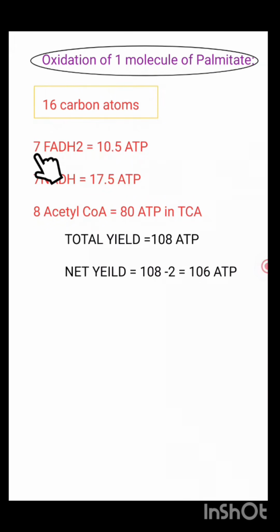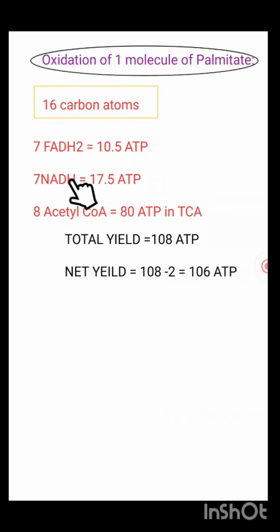You are going to need to do this 7 times, or you need 7 rounds of beta oxidation to completely oxidize a 16-carbon saturated fatty acid like palmitate. Now, for each of those 7 rounds, you produce 1 FADH2. So 7 times 1.5, you get an equivalent of 10.5 ATP.